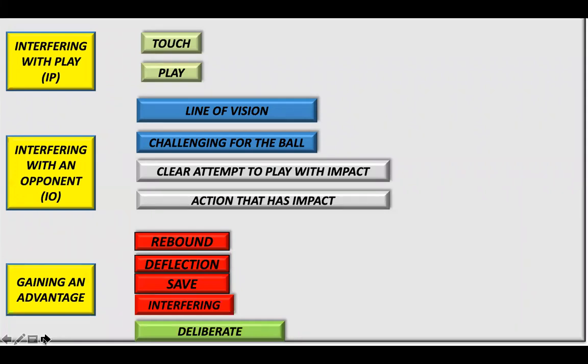A couple of questions while we wait, Veronica. We had a question: what is the difference with interfering with play between touch and play? They're both very similar, and touch is actually touching the ball. The ball is sent, and somebody in the offside position actually touches the ball. Play can be when the ball is sent, and someone just runs towards the ball.